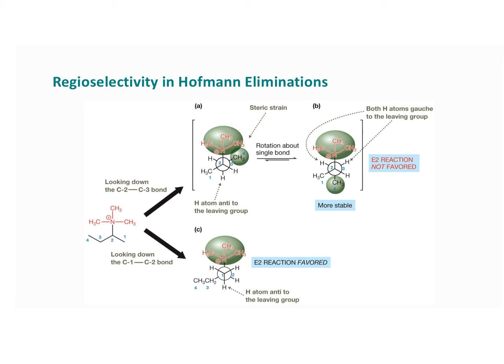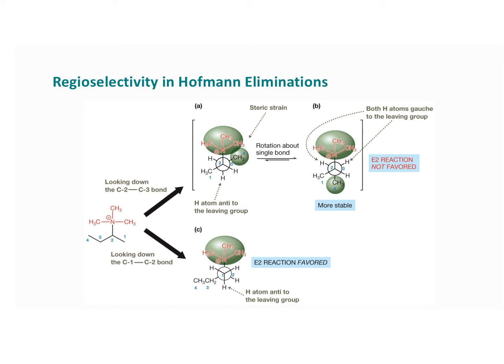And so when we look here, we notice that it's difficult for a proton at C3 to be oriented anti to the leaving group. This is a Newman projection, we're looking down the second and the third carbon. Because when the C3 proton is anti to the leaving group, the leaving group and the C4 methyl are gauche to each other, right?